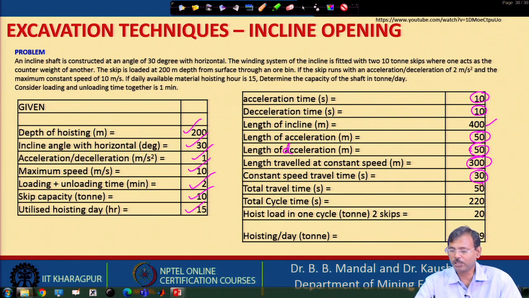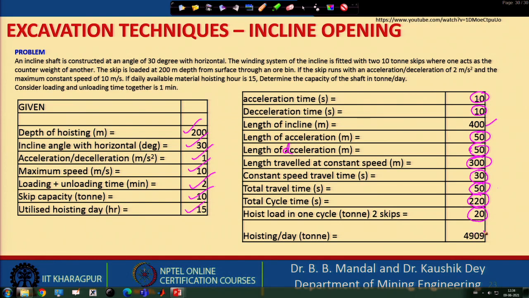So, total time of travel is 50 second, and total cycle time is coming 220 second. So, that is 50 second plus 50 second plus 120 second loading unloading time, and by this time our total production is 20 ton from the two skips. So, in this consideration we can find our total hoisting capacity of the shaft is becoming 5000 ton per day.